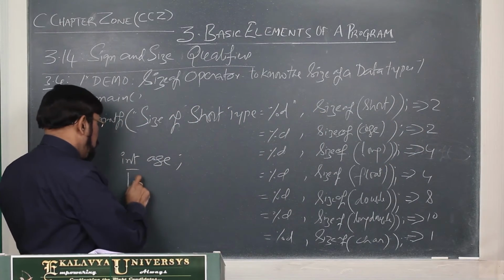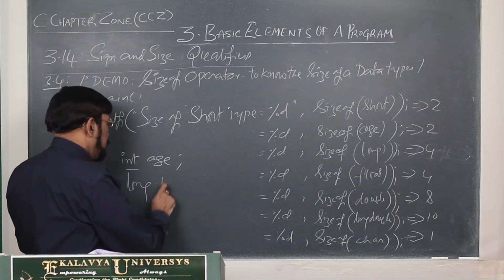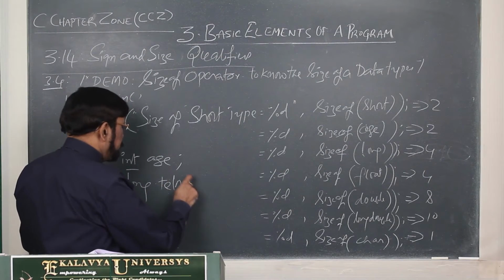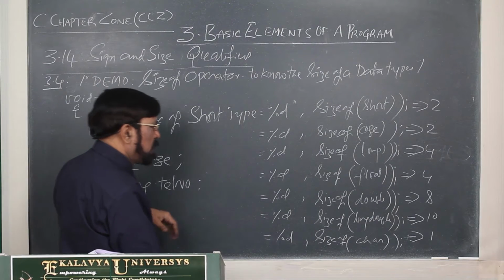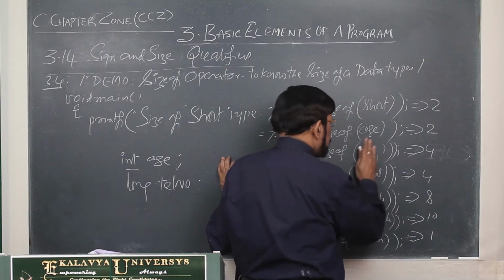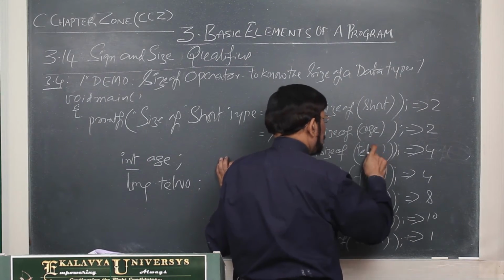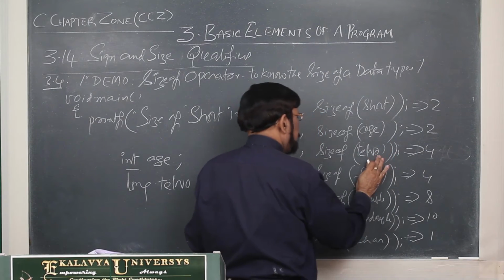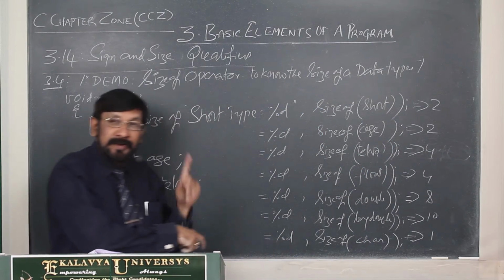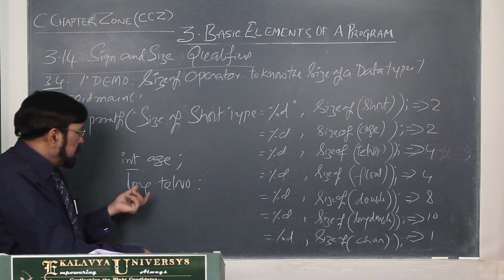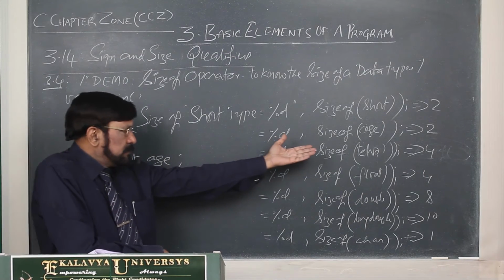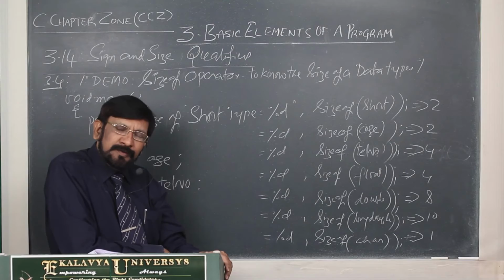Suppose your telephone number is declared as a long. Then instead of long you put the name, whatever name is used there, the same name you must use, but it should be declared. Only a declared variable identifier, if you use that, you can retrieve the value.